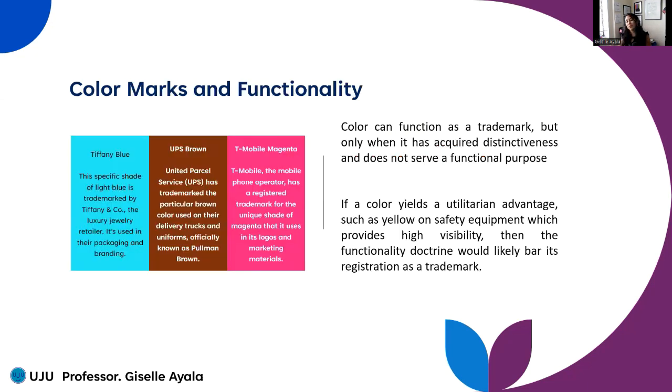Now, when we think about trade dress, we also think about color and functionality. And the first thing we want to keep in mind is that in general, courts have recognized that color by itself may not work as a trademark with inherent distinctiveness, but color may function as a trademark if it has acquired distinctiveness, secondary meaning, a specific commercial impression in the mind of the consumer.